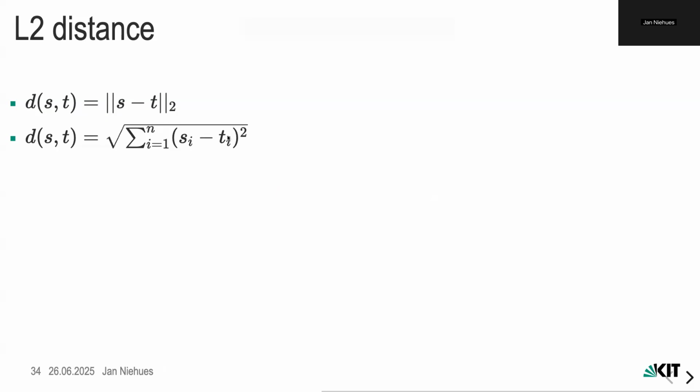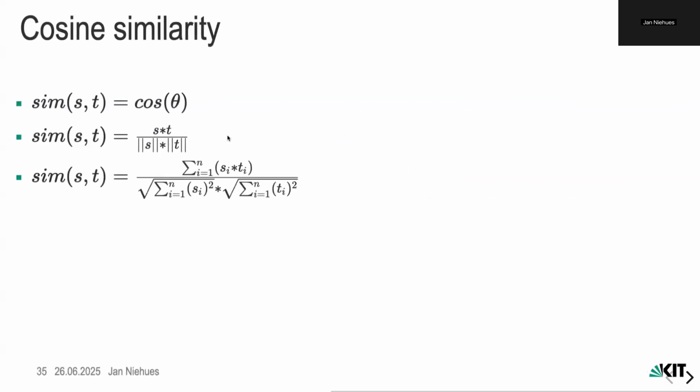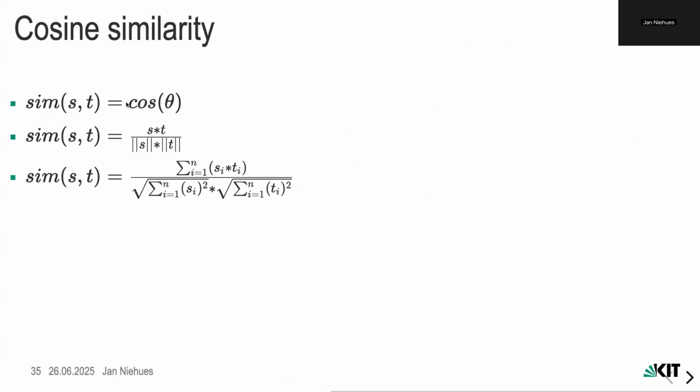The other thing is the cosine similarity, which is based on the cosine value of the angle between the two, which can be calculated as the scalar product of both divided by the length of both.